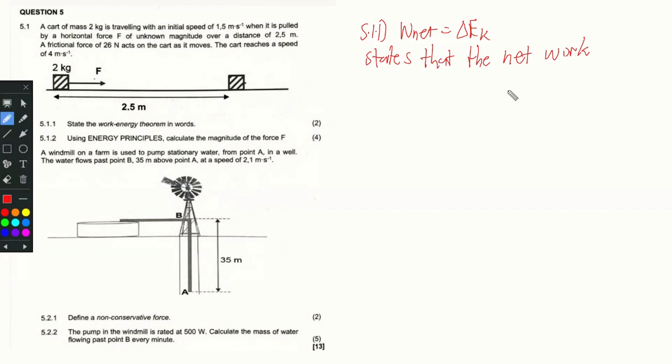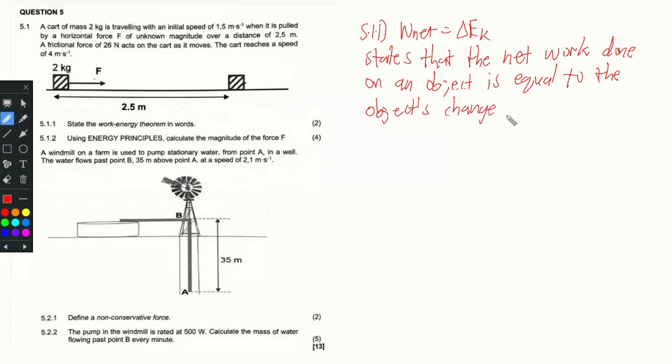That's how you'll end up just knowing those definitions. It states that the net work done on an object is equal to the object's change in kinetic energy.